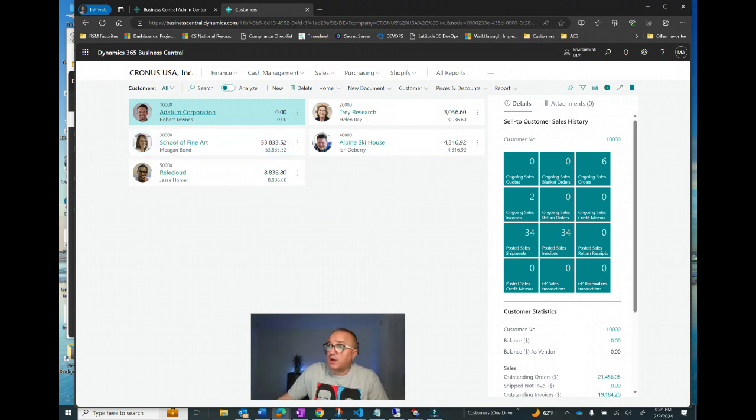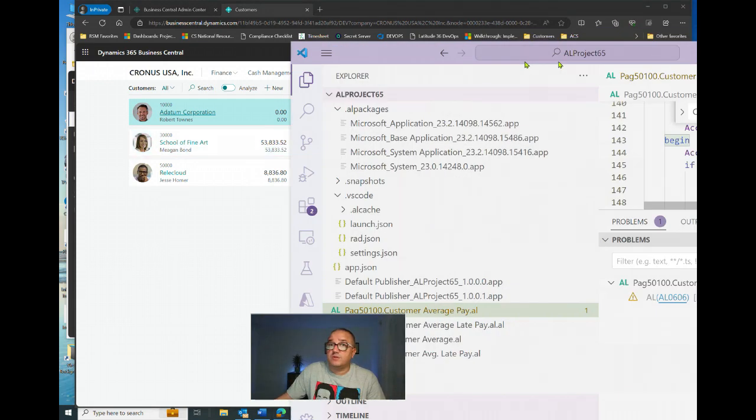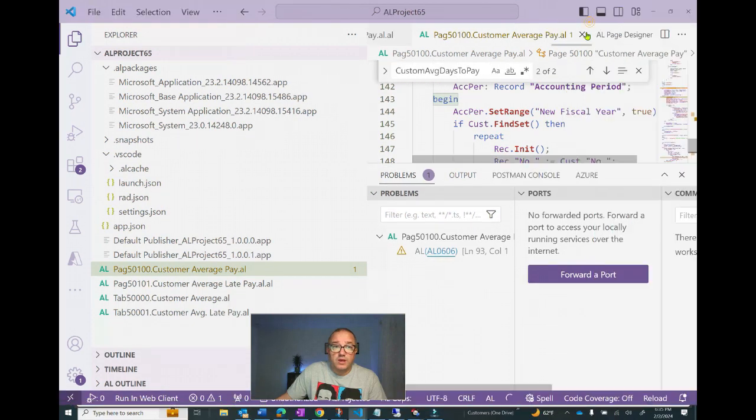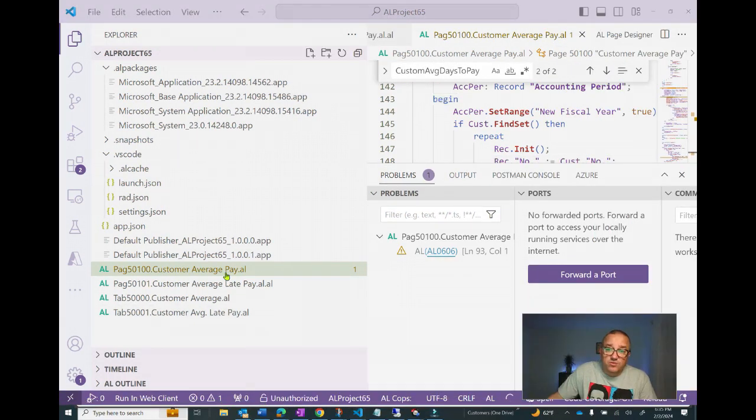Alright, now let's bring up Visual Studio Code and quickly look at what we have here. First of all, the calculations are based on functionality already written in Business Central. I just tweaked it a little bit to get what I needed.